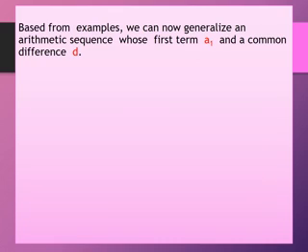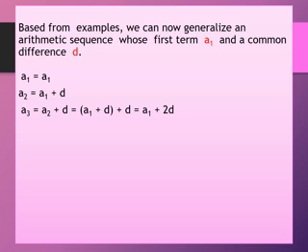Based on our examples, we can now generalize an arithmetic sequence whose first term is a sub 1 and the common difference is d. So a sub 1 is equal to a sub 1. Next, a sub 2 is equal to a sub 1 plus d, and a sub 3 is equal to a sub 2 plus d, or a sub 1 plus d plus d, or a sub 1 plus 2d.